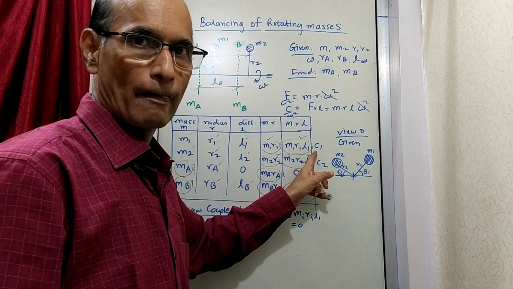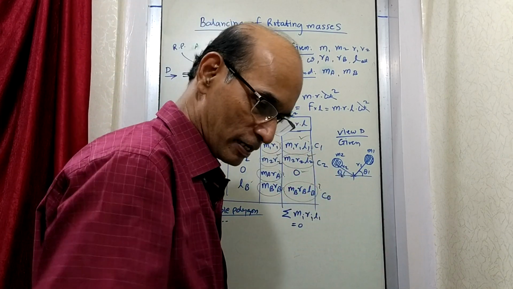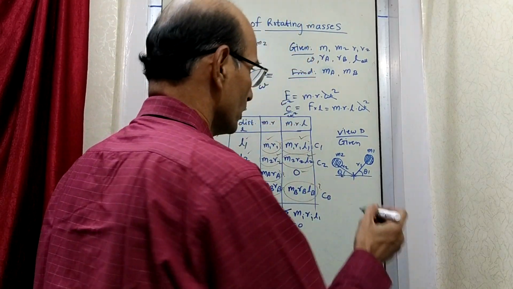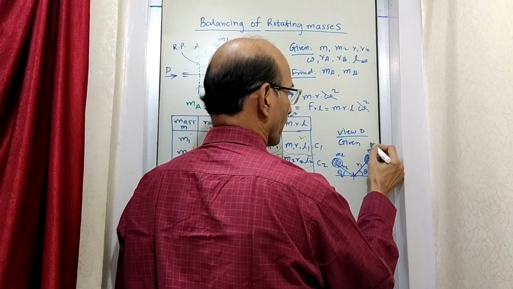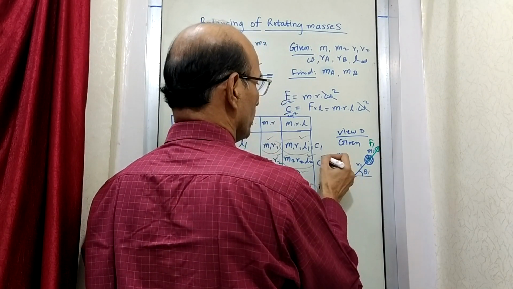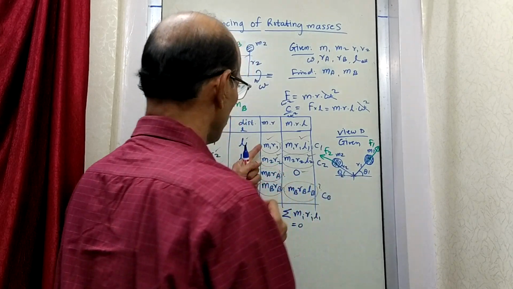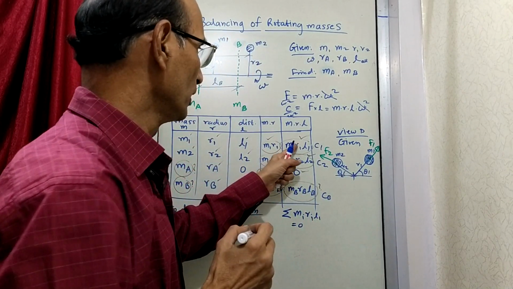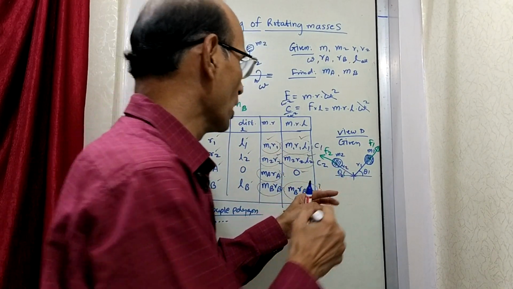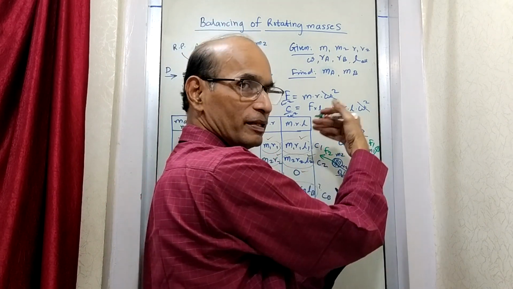Then we have to draw this C1. As you know, F1 will be here, then F2 will be here. Similarly, this is C1, C2. Last time we saw C1 is 90 degrees in this direction.